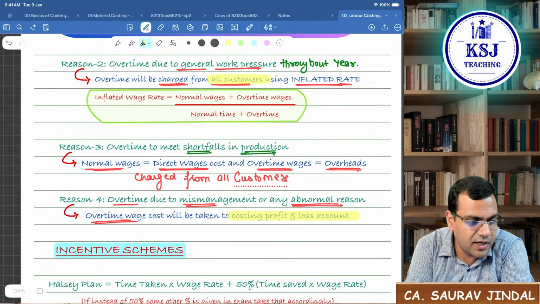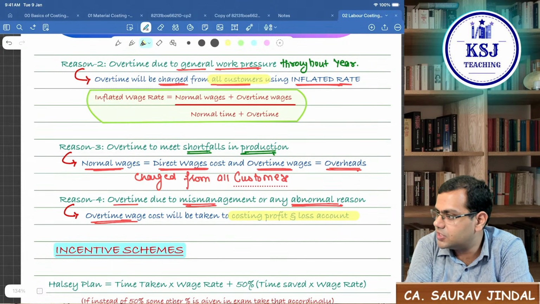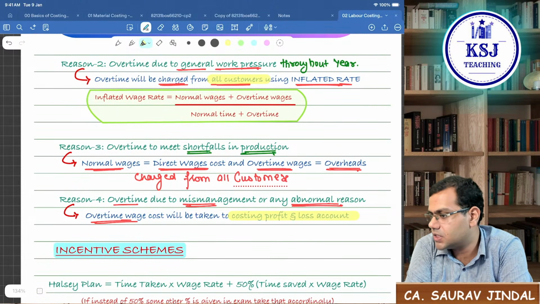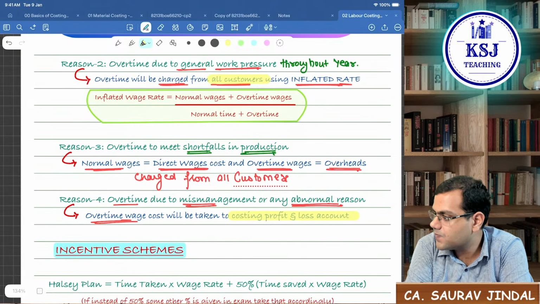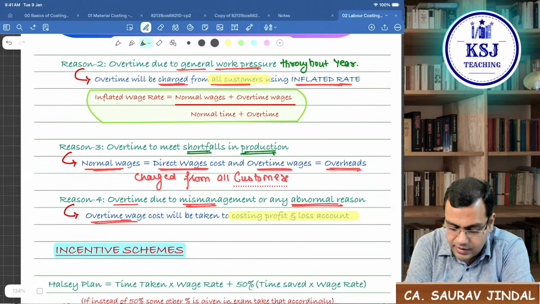In the first 1.5 hours, we'll try to cover the questions and finish labor costing, then start with overheads. Okay, clear, done. Let's move to the next part then.